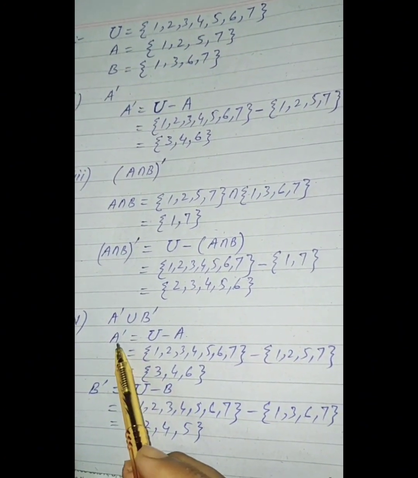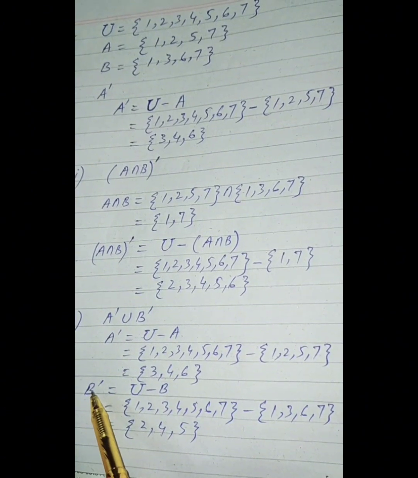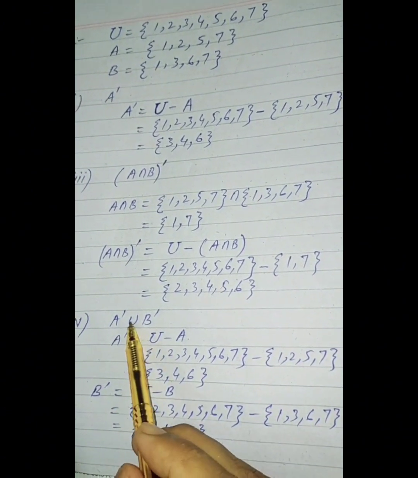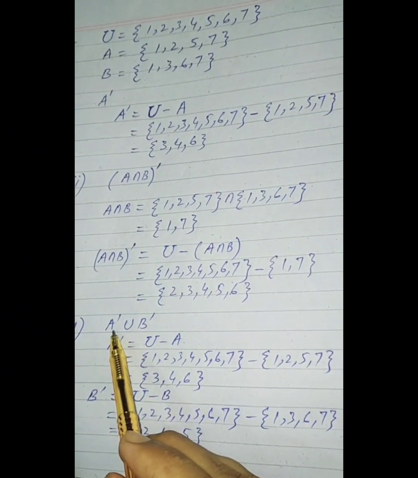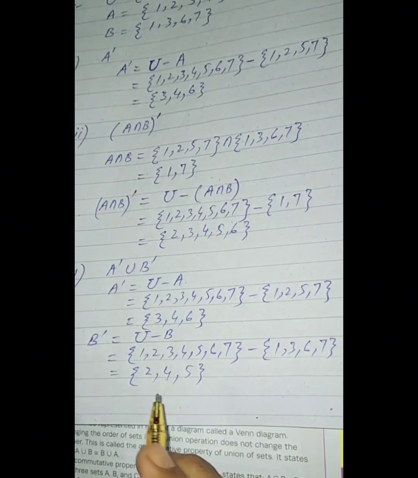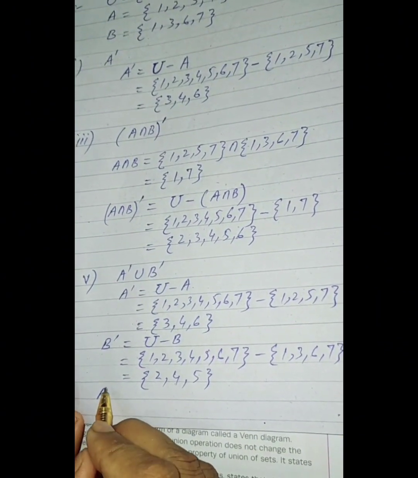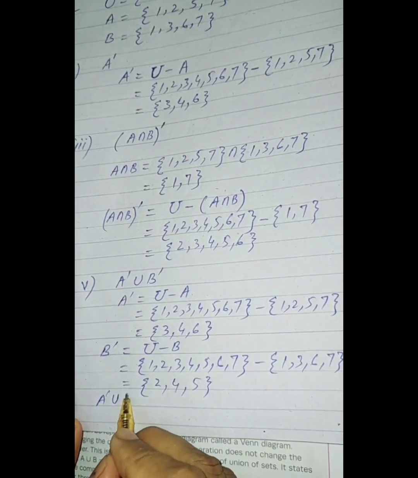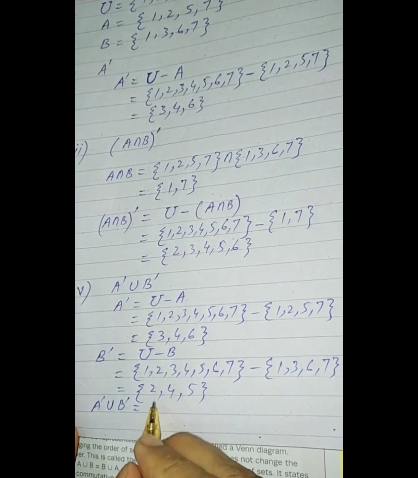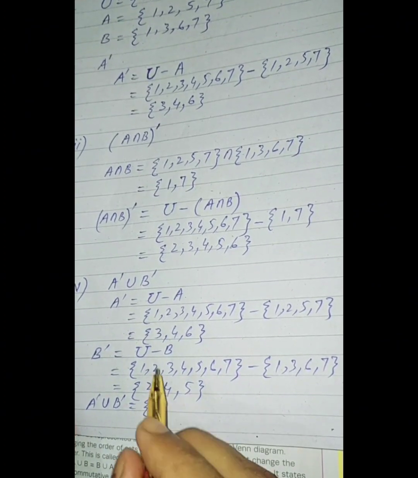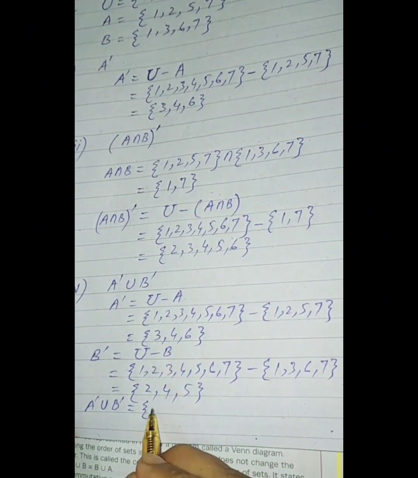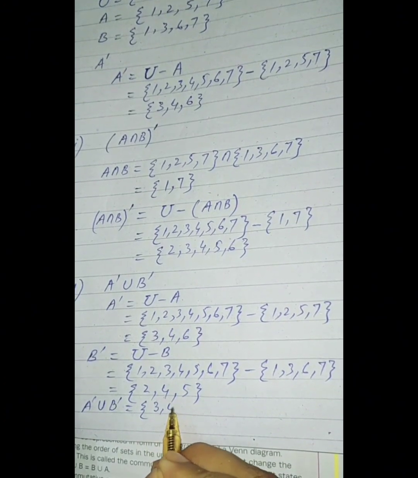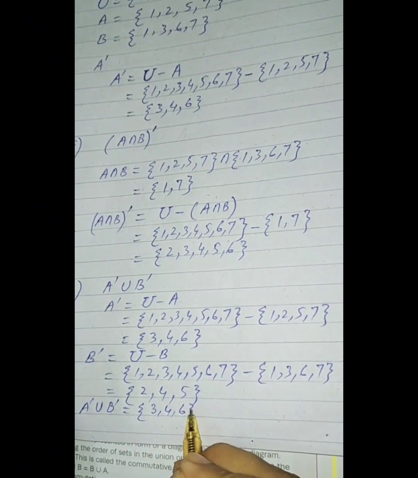Okay, now we have the sets A complement and B complement. The next step is to take the union of these two sets, A complement union B complement. Now A complement is a set whose members are 3, 4, 6.